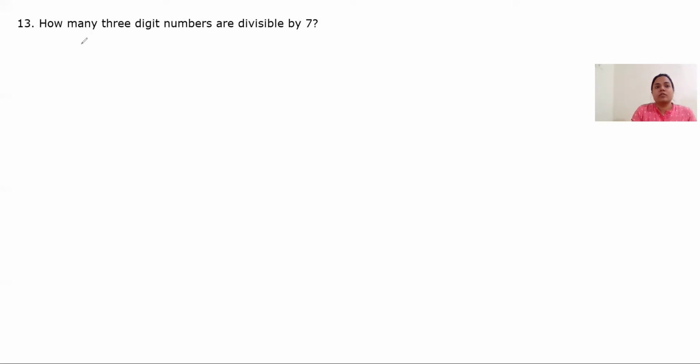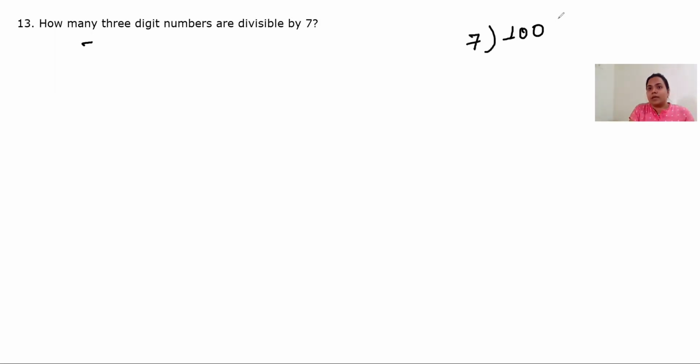Now the 13th question. How many 3-digit numbers are divisible by 7? So we'll first write the AP. Our first term will be the first 3-digit number that is divisible by 7. The first 3-digit number is 100. Let's check which number is divisible by 7.